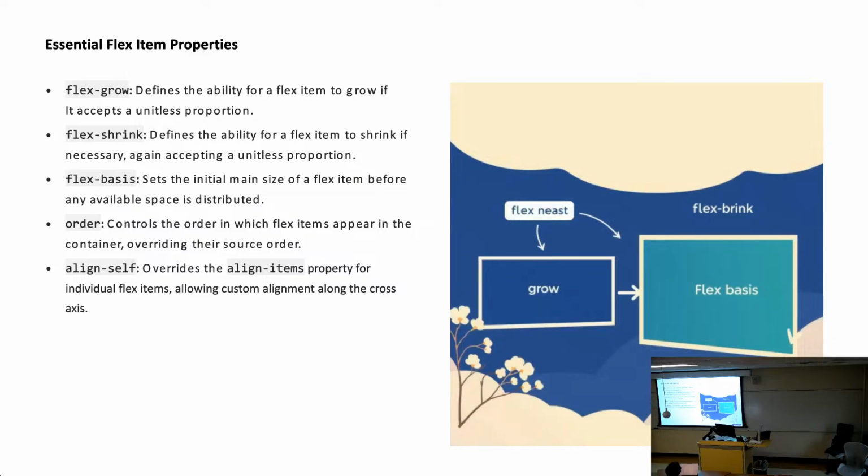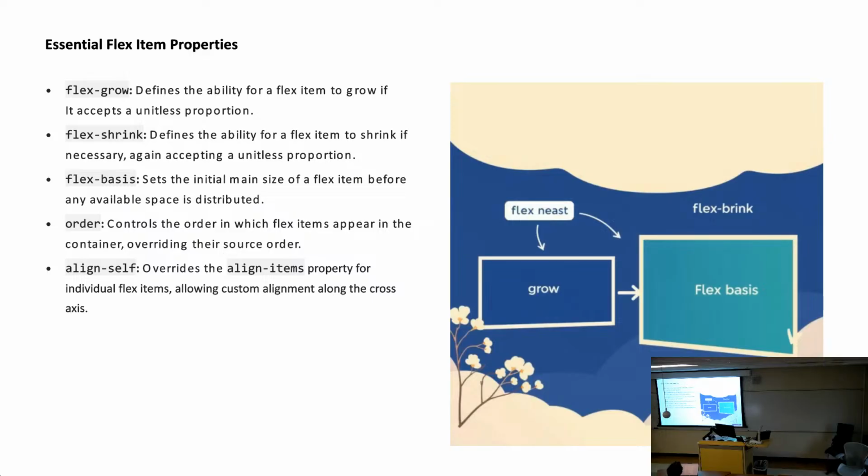Flex basis sets the initial main size of the flex item. Order, that's the manipulating part I was talking about. Let's say I have a paragraph that I want to be on the far right, while the second header or paragraph is all the way to the far left. That's how we manipulate it with order.